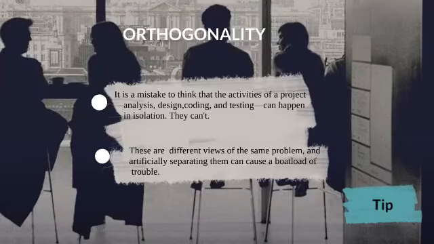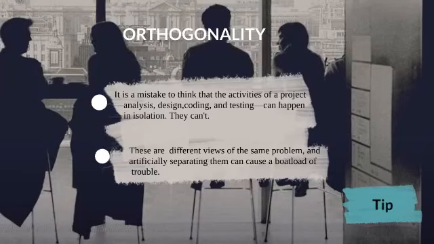Some organizations even complicated the problem by having different sub teams report through separate management chains. Now, it is a mistake to think that the activities of a project, analysis, design, coding, and testing can happen in isolation. Now, they can't.